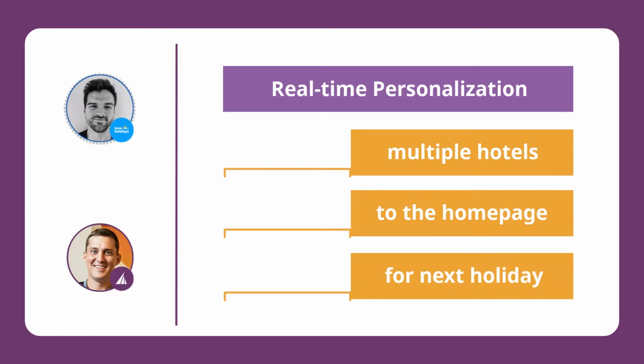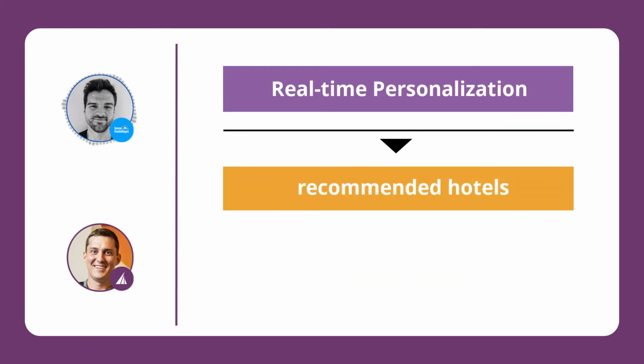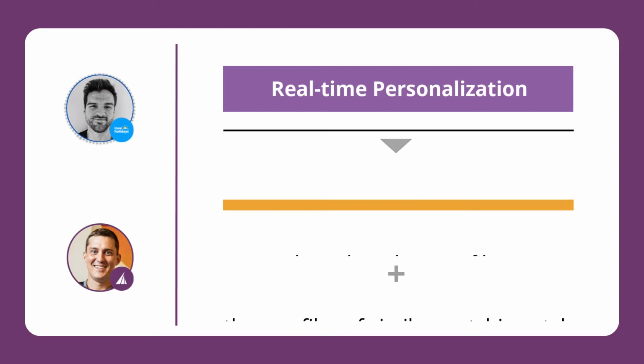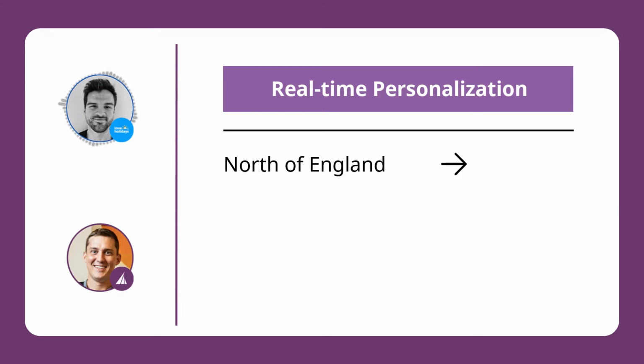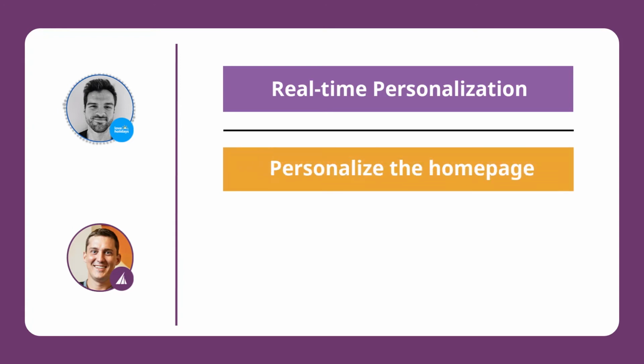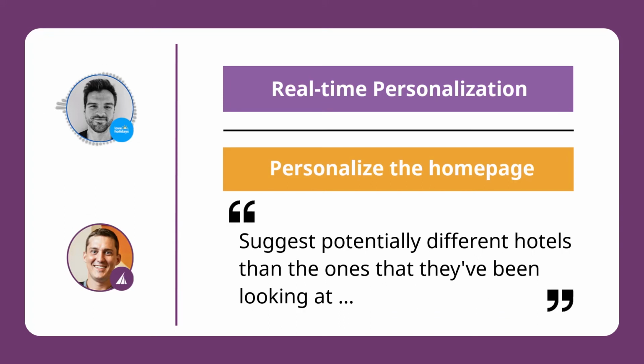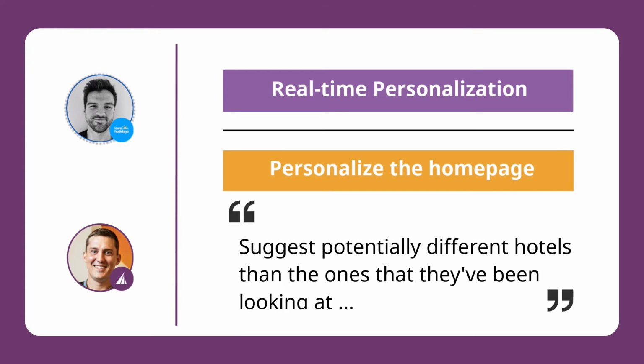That's where we can surface recommended hotels based on their profile overlaid with other profiles of similar style. Maybe they're from the north of England and like to go to Spain, so we'll show them a grouping of hotels in Spain. The first attempt is to personalize the homepage and that recently viewed view, so we can suggest different hotels than the ones they've been looking at, maybe ones they've not found yet, and see what the behavior is.